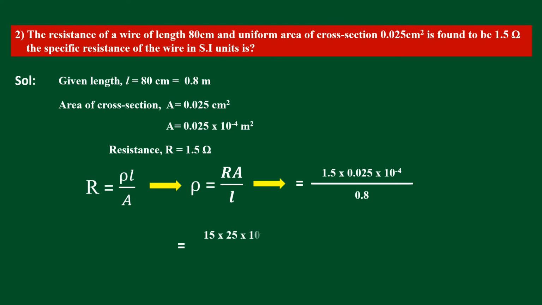If you simplify this, we get 15 into 25 into 10 power minus 8 divided by 8, that is equal to 46.9 into 10 power minus 8. Finally, we get 4.69 into 10 power minus 7 ohm meter. So this is the specific resistance of the wire in SI units. Let us see another model problem.